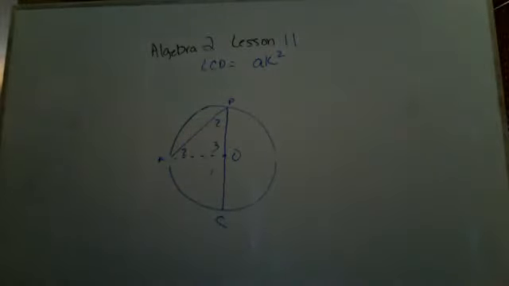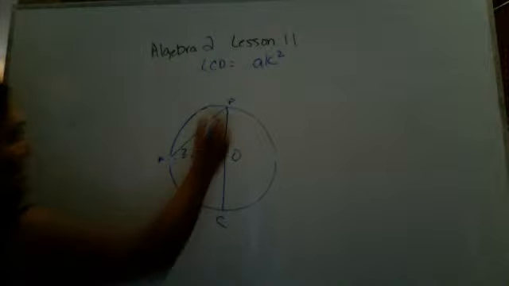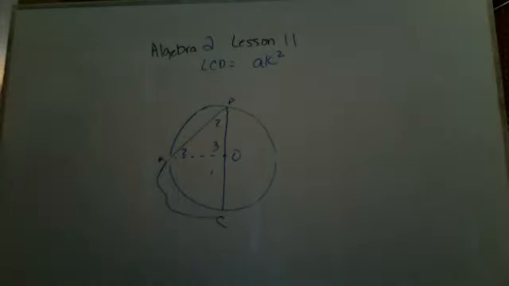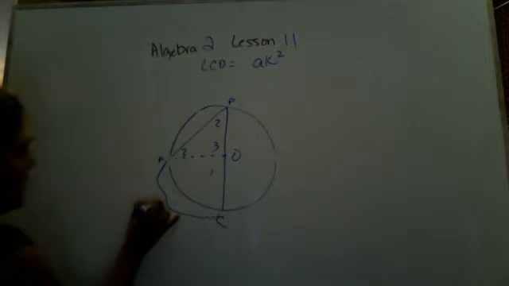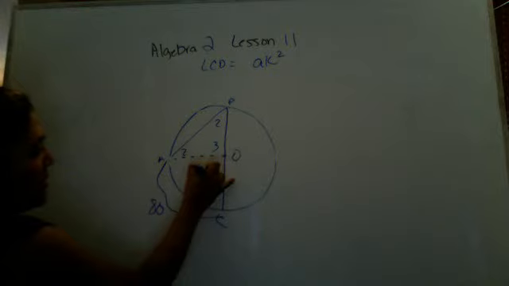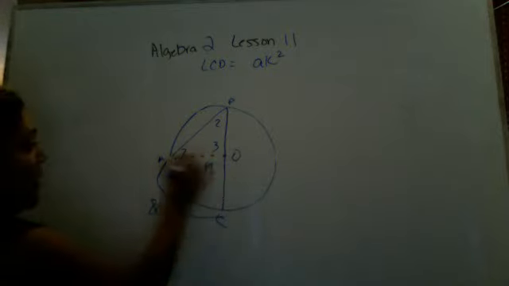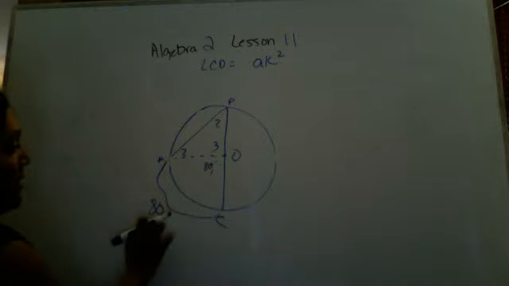Okay, so let's look at the inscribed angle. B is the arc AC. So this is my inscribed angle, this is my arc. If they tell us that this is 80 degrees, I know that this is 80 degrees because this is the central angle, if I do the dotted line here, and it's equal to the arc.